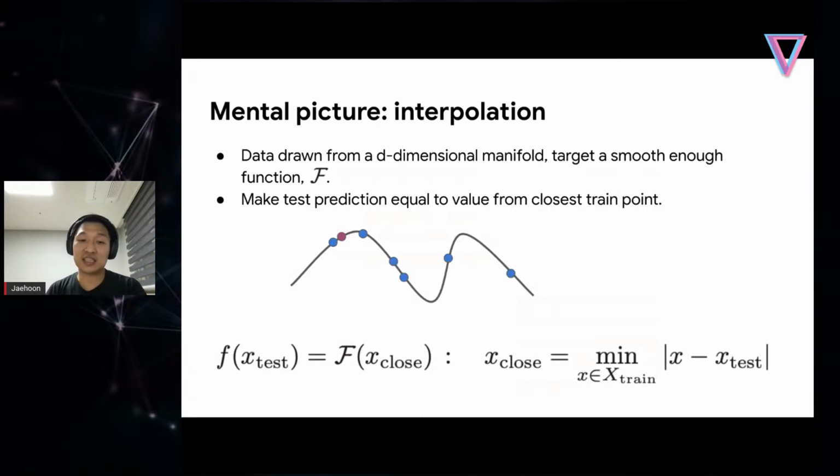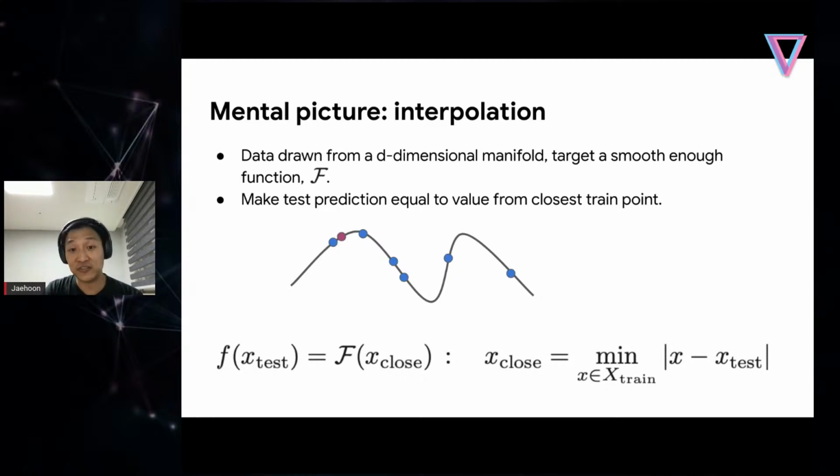So how can we understand this resolution-limited regime? There is a simple geometric picture, which, if true, allows us to derive an interesting scaling behavior. Here, we're imagining the data is drawn IID from a small d-dimensional manifold, and the target is a smooth function f. Imagine what a neural network is doing is the following.